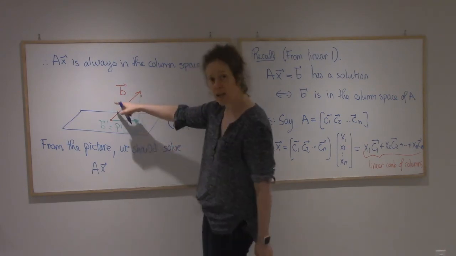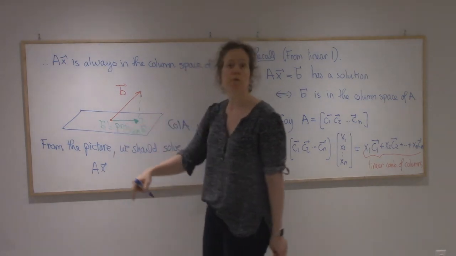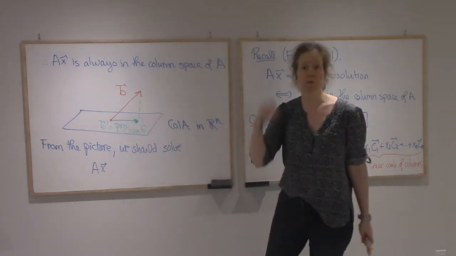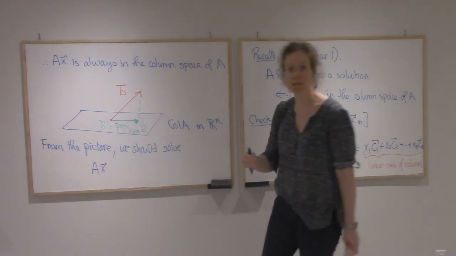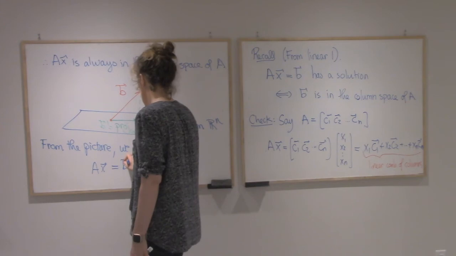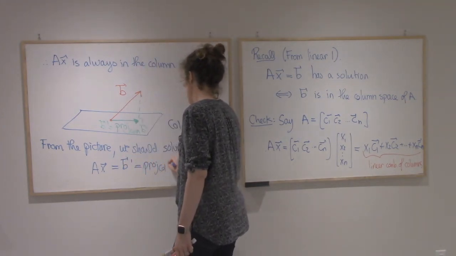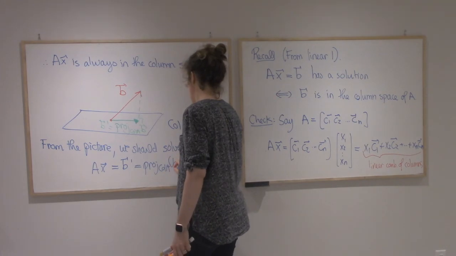So instead of looking at Ax equals b, which is inconsistent, we're going to look at Ax equals b prime. Since b prime is in the column space, this will have a solution, and that's going to be the one we're looking for.